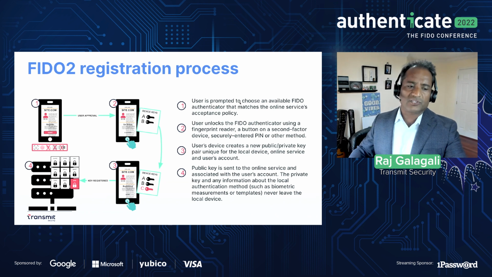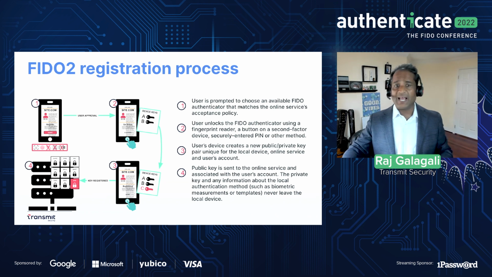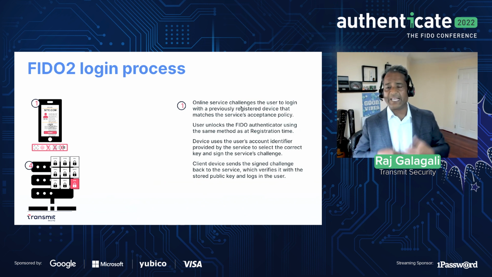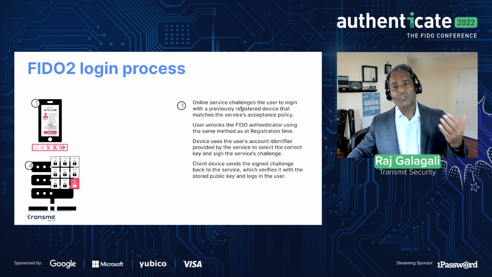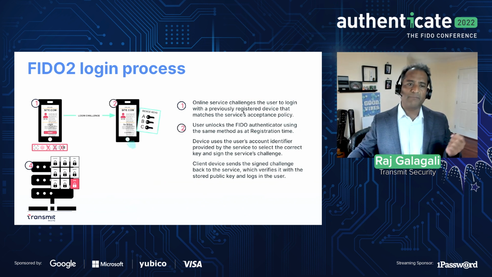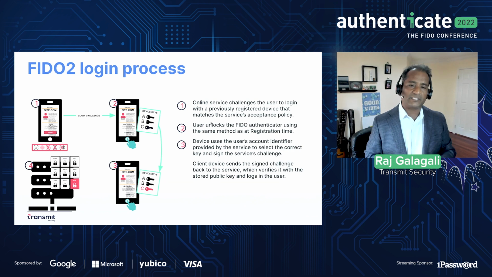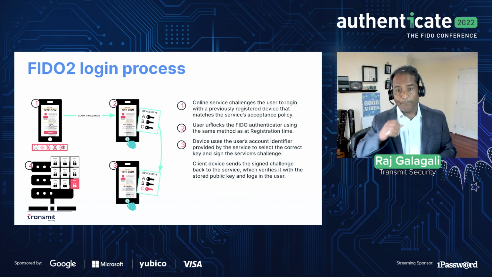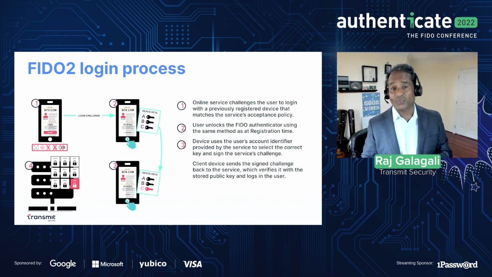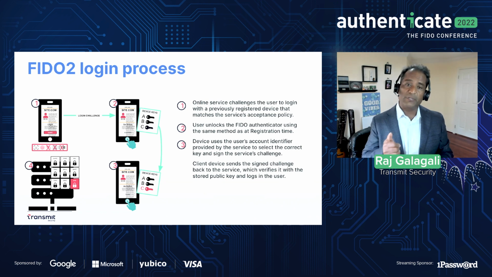Once you have done the registration, anytime that user comes in, you can log in by the application giving you a challenge, and you're able to sign that challenge with the private key that you had just stored on that device, which you're able to unlock using your biometric.